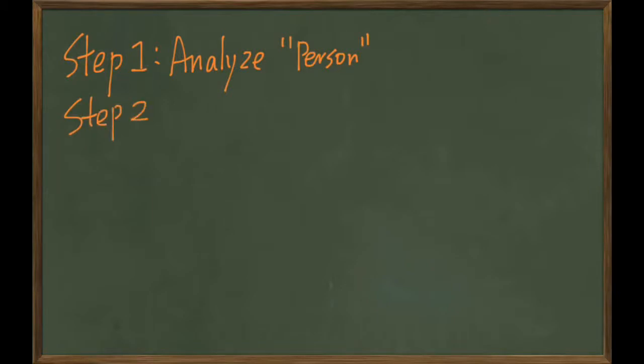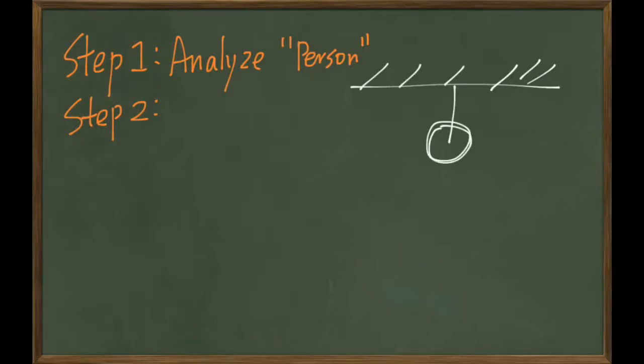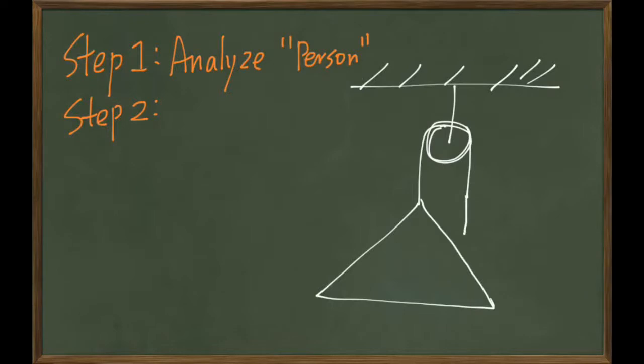Step 2, analyze the forces and draw a free body diagram. Let's look at this problem again by redrawing it over here. We have the ceiling, the pulley, the cord around it, and we have the platform. Let's make this longer, and the person pulling on the other end. What are the forces?